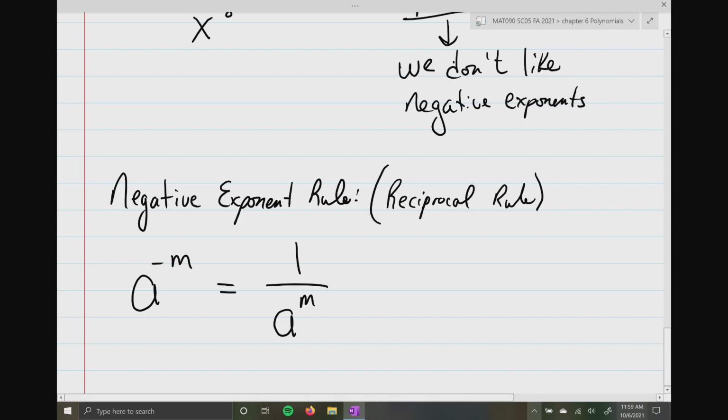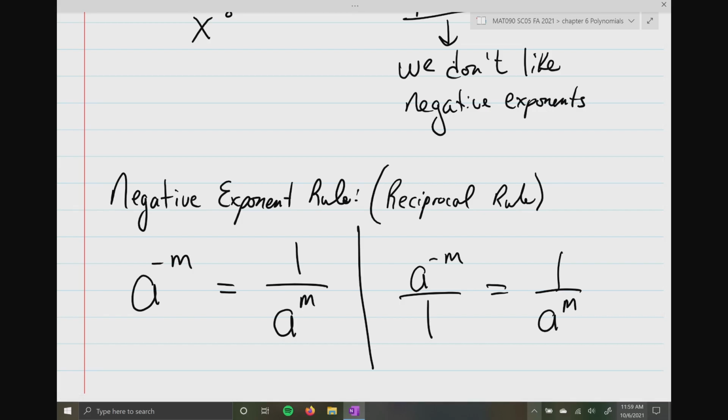Now, it's called the reciprocal rule because I can make anything a fraction just by putting it over 1. And if I reciprocate it, which means flip it, now it turns positive. Does that make sense, everyone?